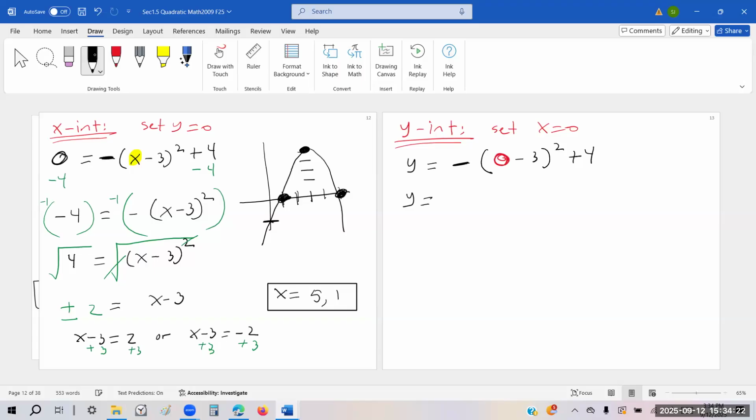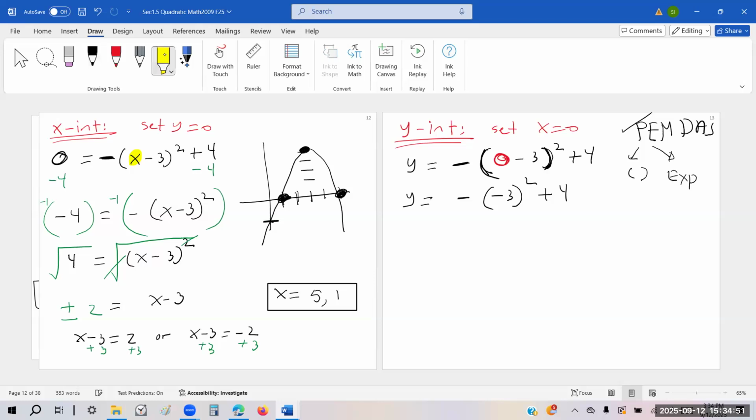So y equals, PEMDAS says do what first? What does P mean? Parentheses. So what do we have inside the parentheses? -3. So we did P. Next, what is E?